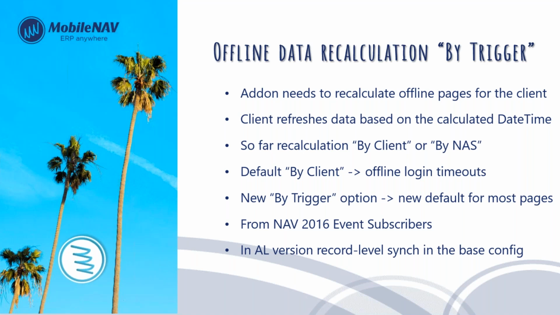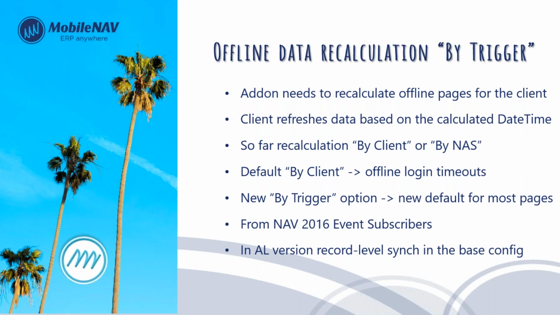Of course, by trigger option will be available across the different MobileNAV versions for different platform versions. So this also will be available for 2009 R2, of course. But the biggest advantage of the by trigger is if you have event subscribers, which means that NAV 2016 or above.